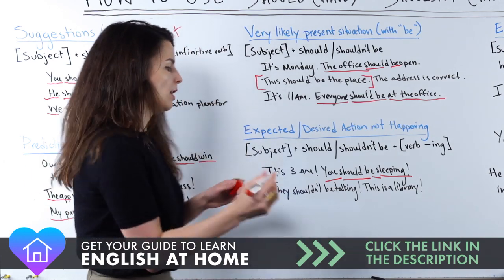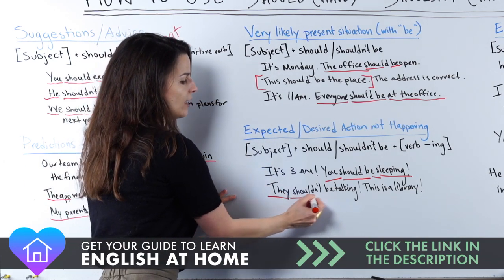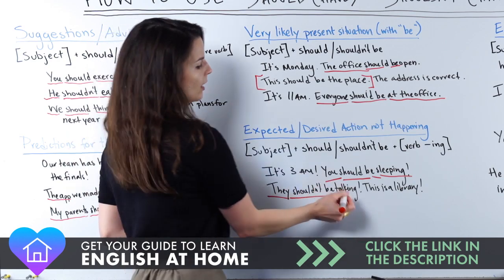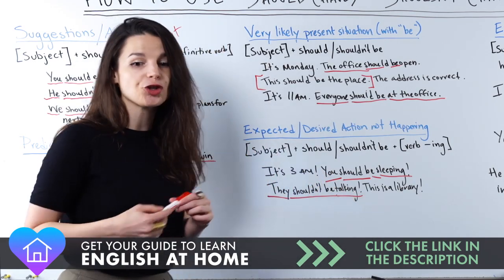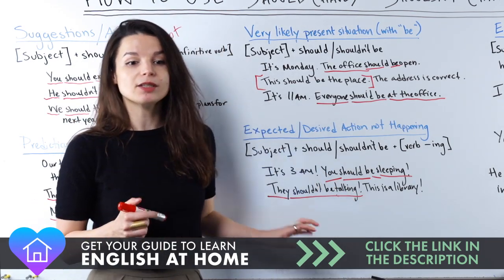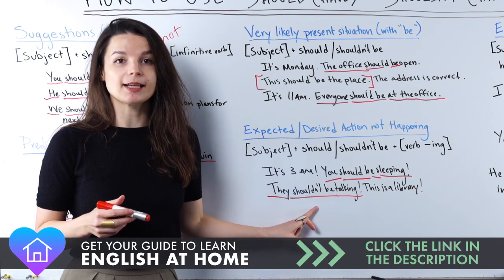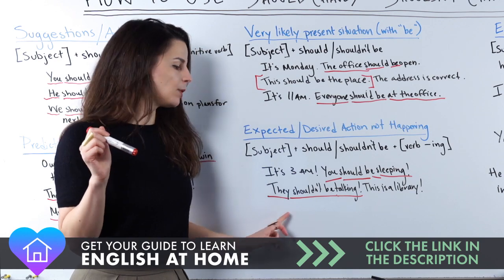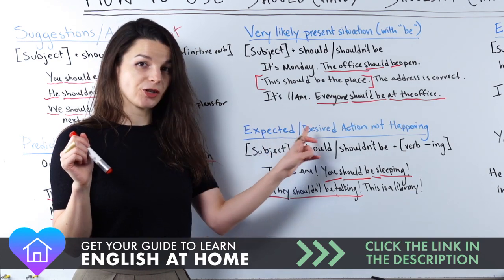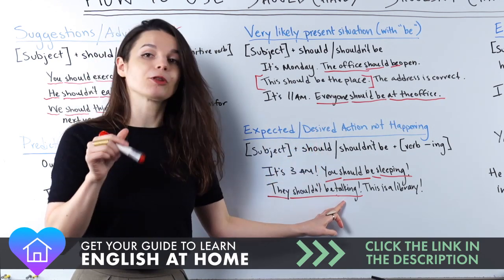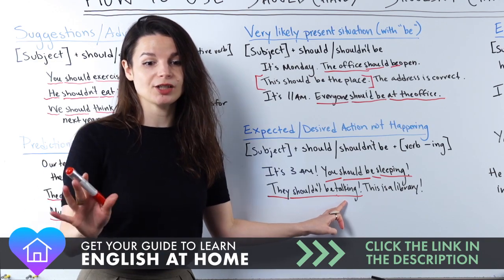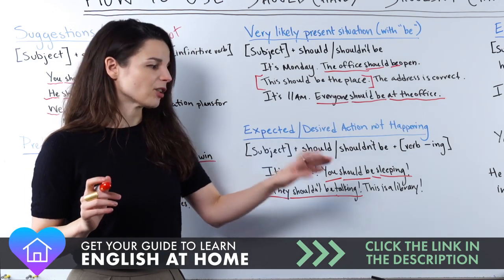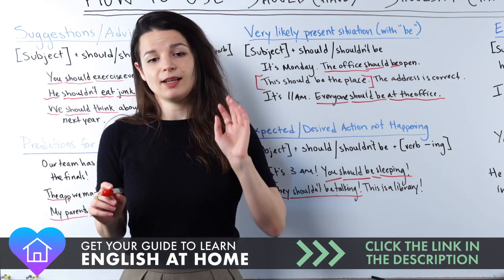So they, in the negative, shouldn't be talking. This shouldn't shows us the group of people are talking now. The speaker's expectation or desire is for the group of people not to talk. They shouldn't be talking. This is a library.